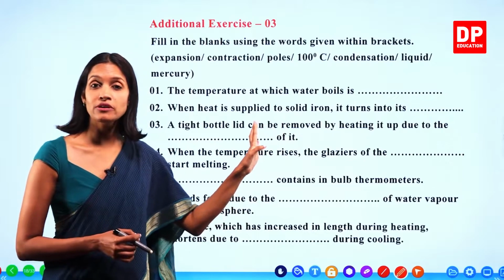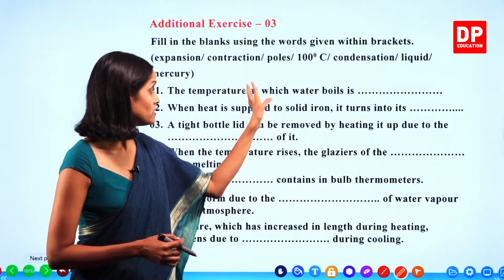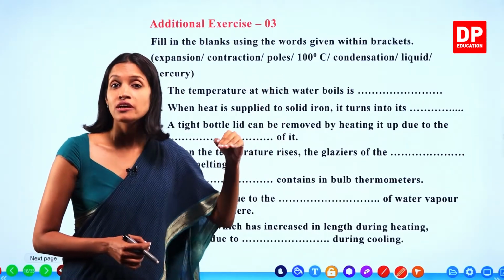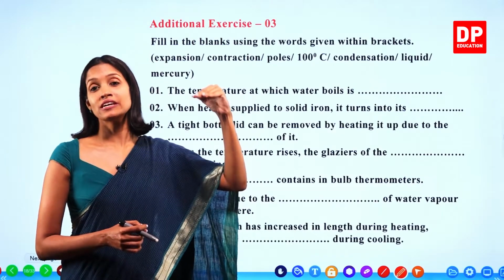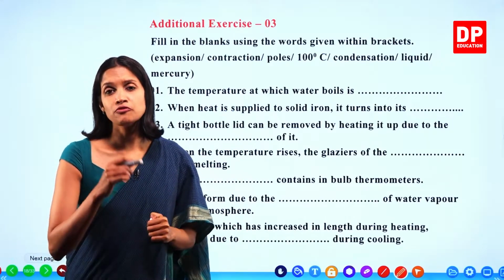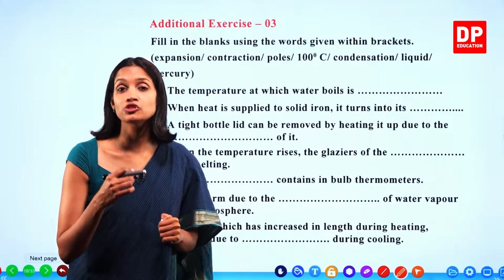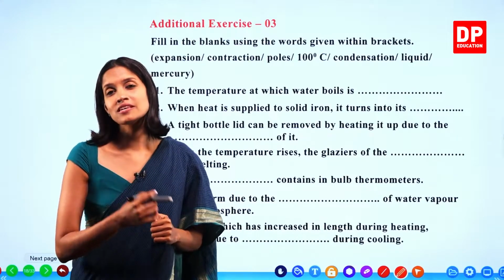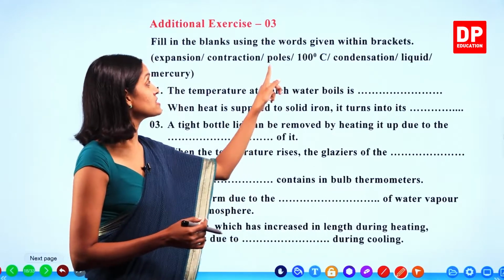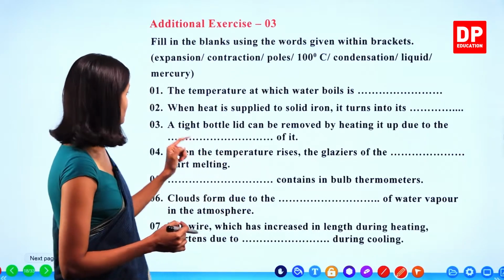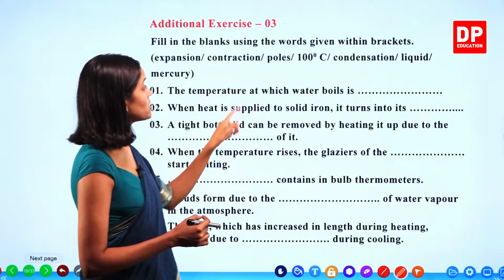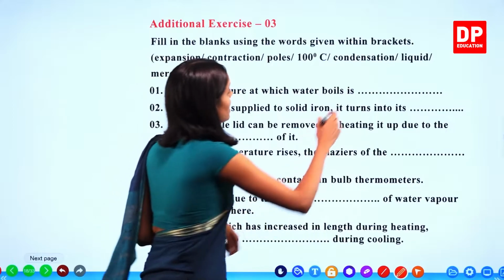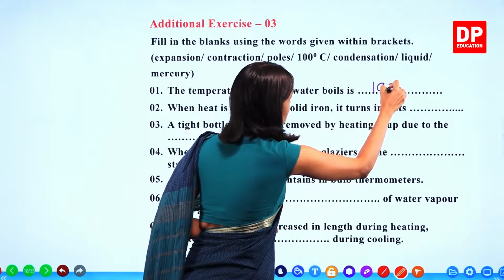Do you remember during the activity while we were heating the water, the temperature of the water increases gradually. At one point, the water started to boil. What was this temperature, children? It was 100 degrees Celsius, right? The temperature at which water boils is 100 degrees Celsius.